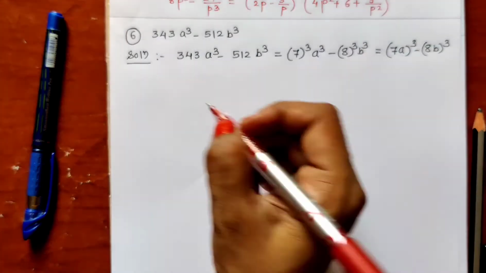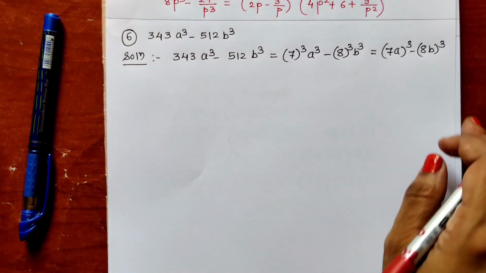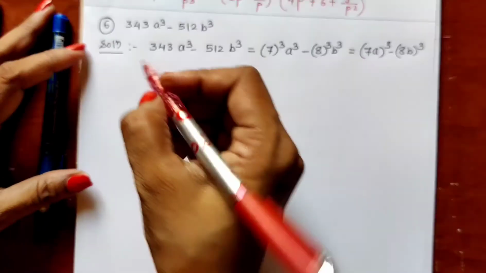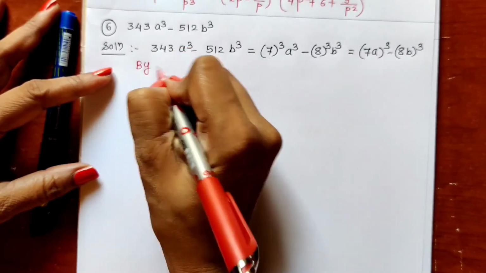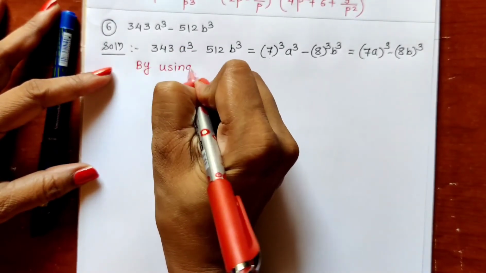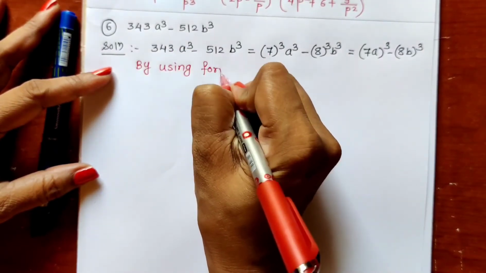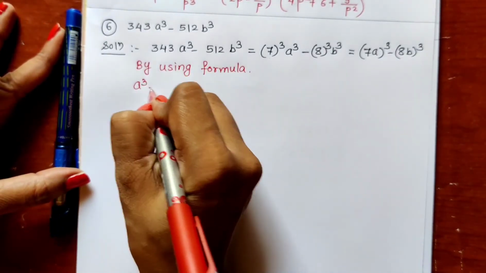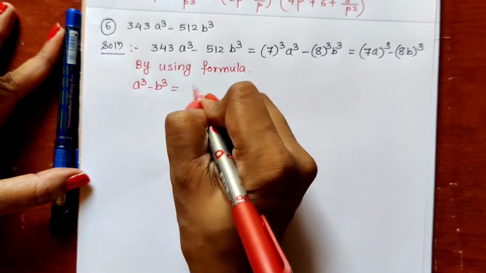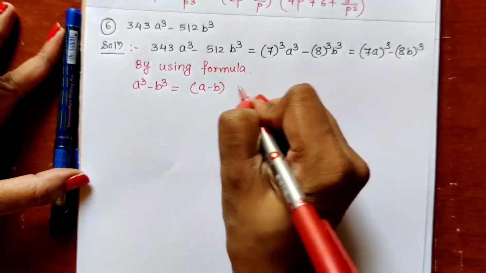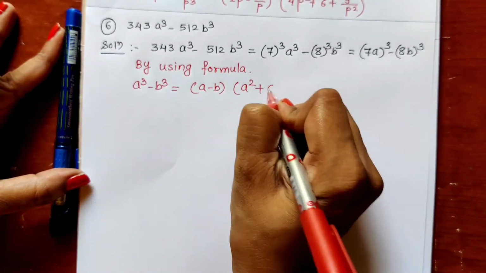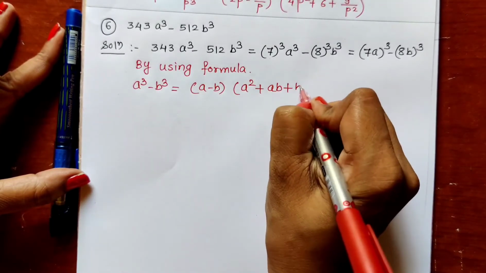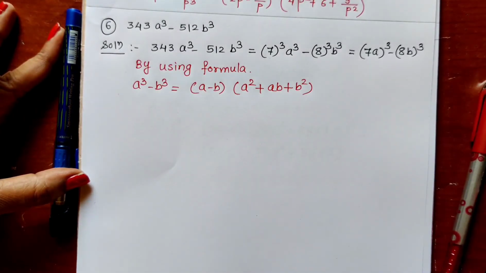We can apply our formula. By using formula, a cube minus b cube is equal to a minus b in first bracket, a square plus ab plus b square in the second bracket.